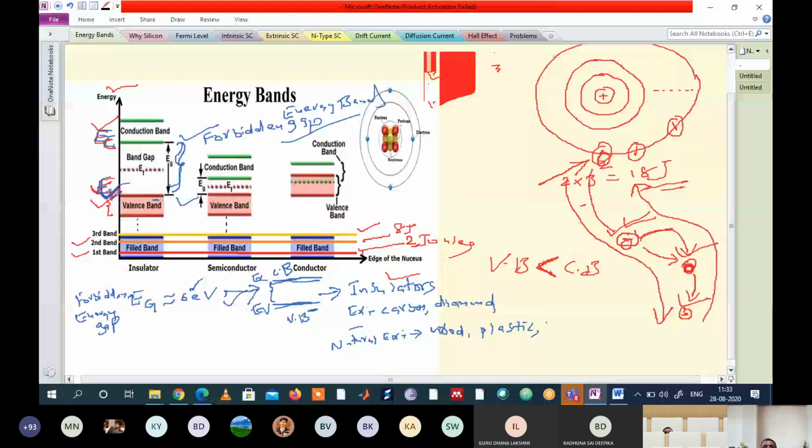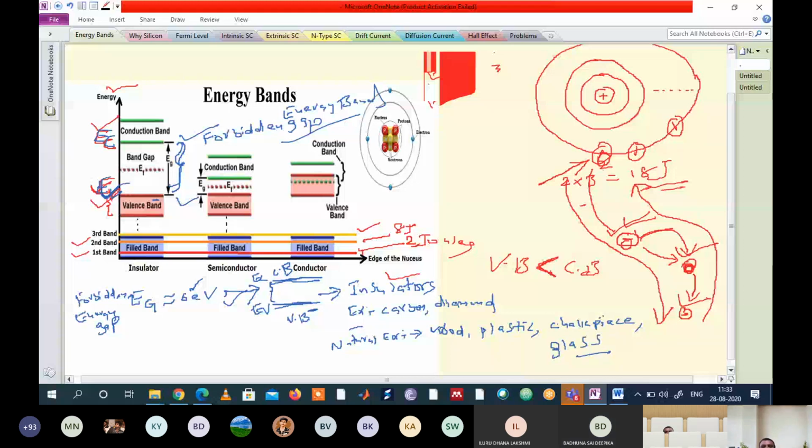What are the other natural examples of insulators? Wood, plastic, chalk piece, glass. Very good. These are all natural examples of insulators.